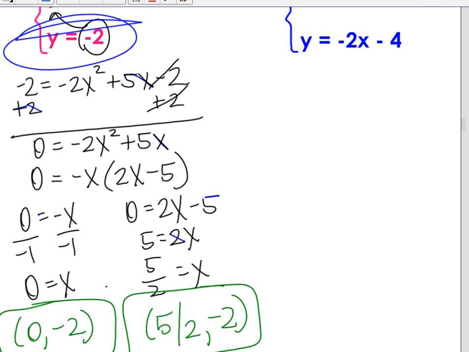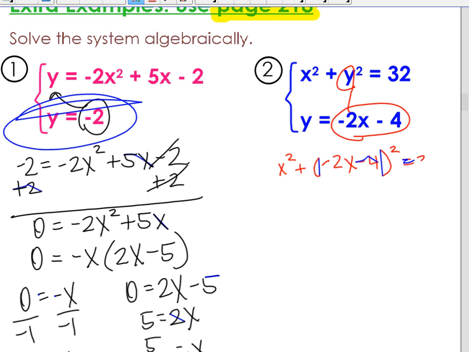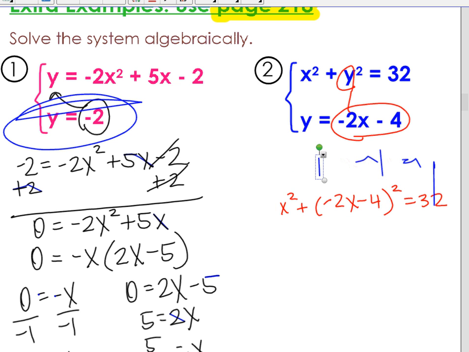All right, for the other one, you're going to have to do a little bit more work here. I'm going to still do the same idea of substitution and have x squared plus -2x minus 4 squared equals 32. Sorry, you guys, I have no idea what this blue is. Slightly annoying. You're going to have to multiply that out.